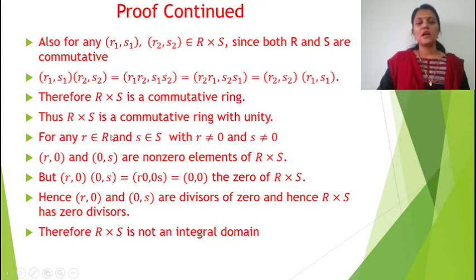Now, for any r element of R and s element of S with r not equal to 0, s not equal to 0, consider the two elements (r, 0) and (0, s), which are non-zero elements of R cross S. But their product (r, 0) into (0, s) is equal to (r0, 0s), which is equal to (0, 0), the 0 of R cross S. Hence, (r, 0) and (0, s) are divisors of 0, and hence R cross S has 0 divisors.